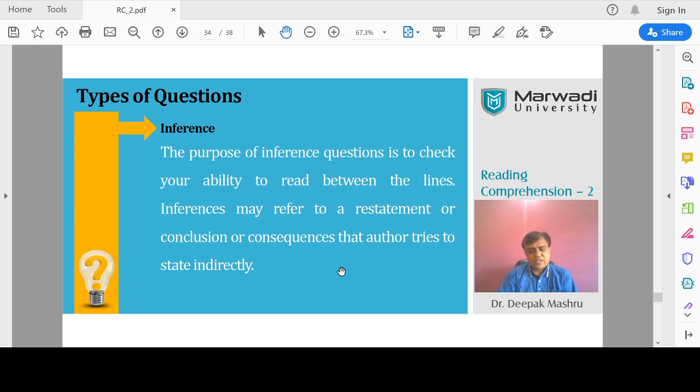Next is inference. The purpose of inference questions is to check your ability to read between the lines. This is purely a logical question. There is no thumb rule for this. It varies from person to person. Here we need to understand what the author has said, what the author is interested in saying, and what the author has not said but is still there in between the lines.